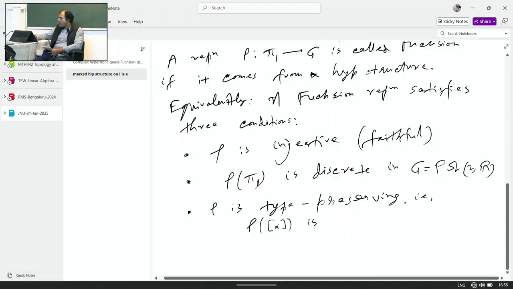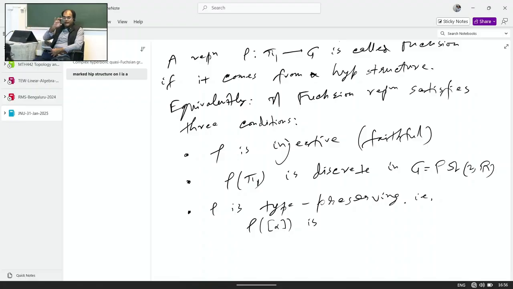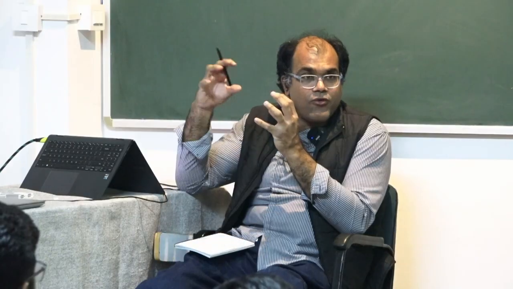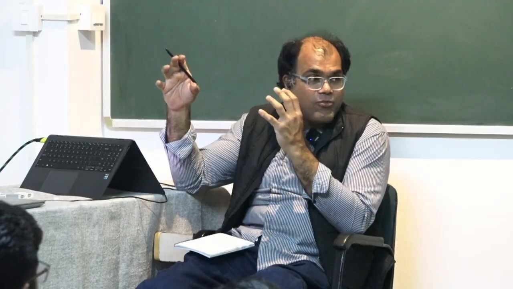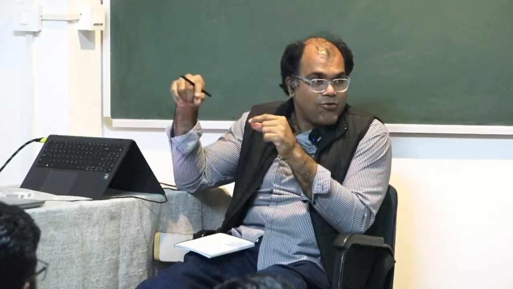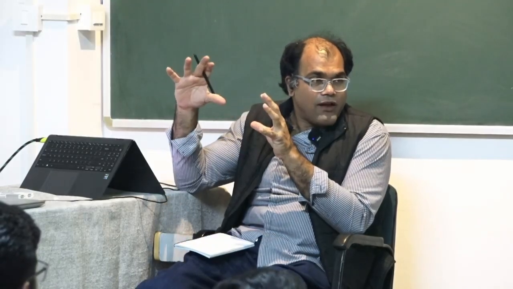Type preserving means you have these loops, right? If the loop is a closed loop, then it corresponds to a hyperbolic element in the isometry group. So, rho(alpha) has to be hyperbolic, and if it is near a puncture, then it is a kind of cusp, so rho(alpha) will be a parabolic element.